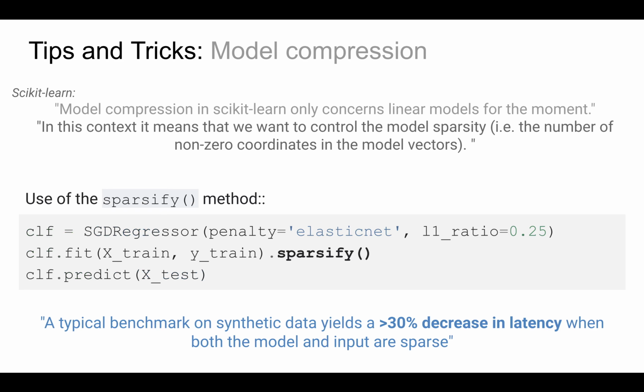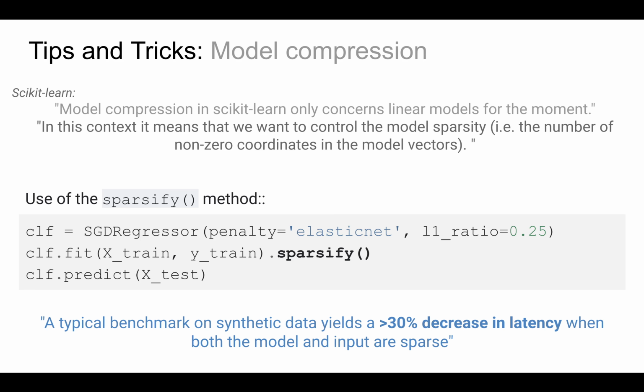Next is model compression. When fitting the model, when you specify clf.fit, you can also write clf.sparsify. What that does is it keeps the non-zero numbers, and so it compacts the matrix to help with faster processing.